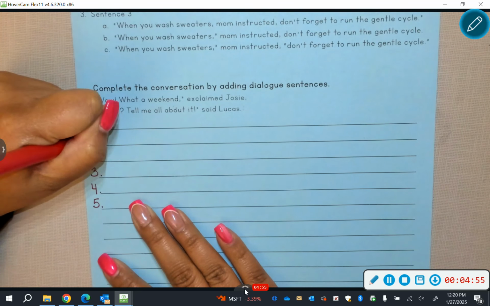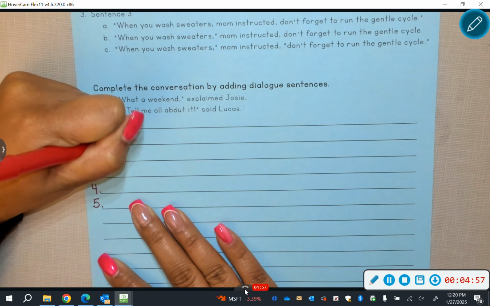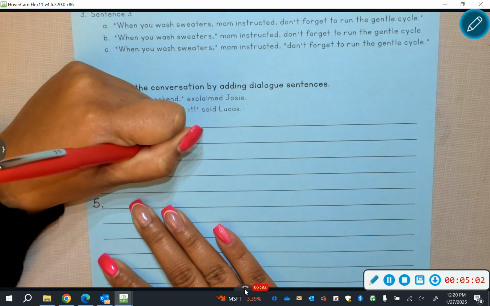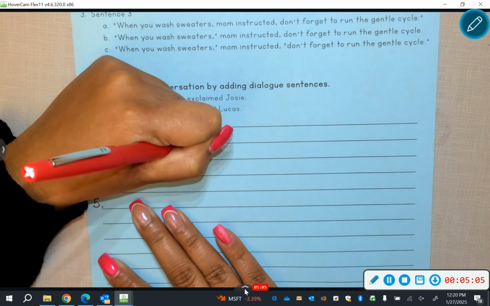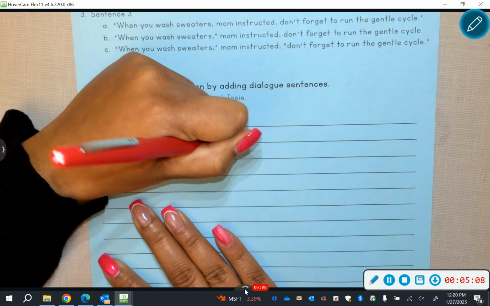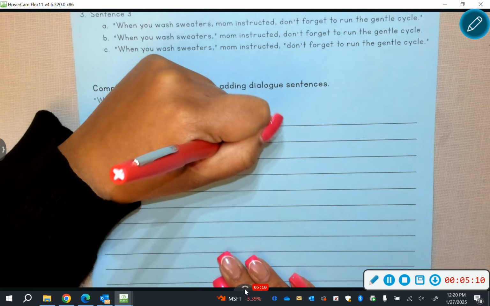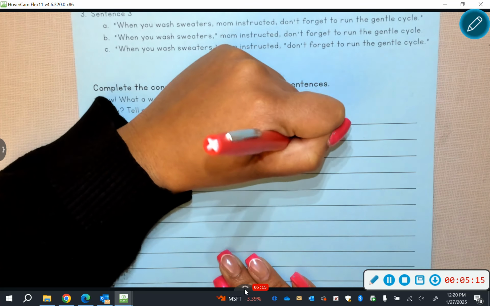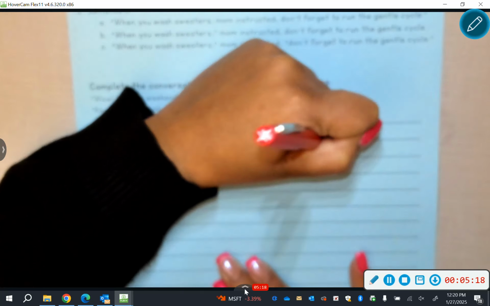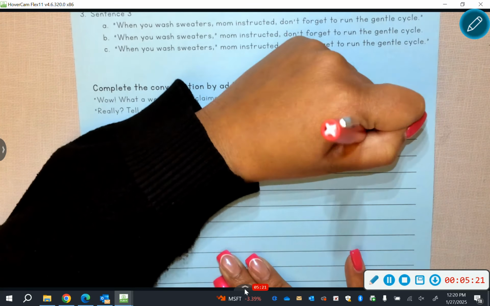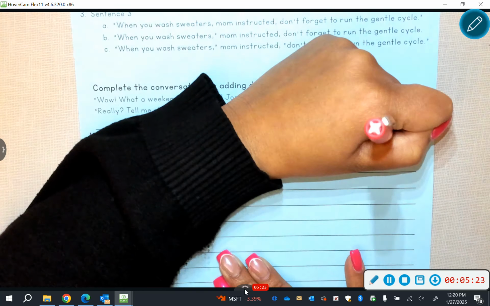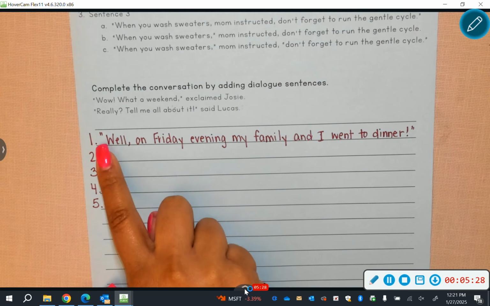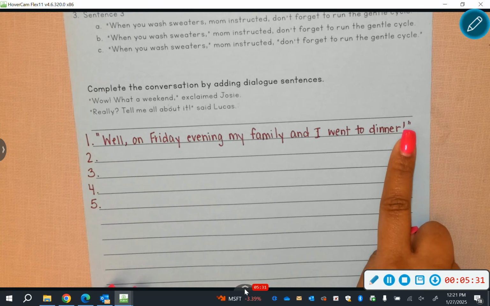Well, on Friday evening. Here are my punctuation marks, quotation marks here because that's dialogue.